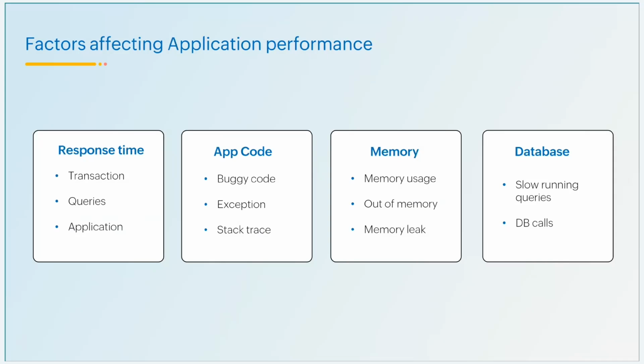The factors that we have mentioned play a crucial role in determining the performance of an application. Let us explore each one. The first one is response time. When a transaction is made by a user in the web application, the request is sent from the application layer, which will travel through the transaction and the network layers and hits the application server, and this request is served back to the end user.